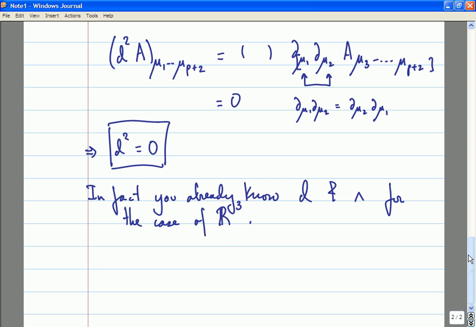But before I do that, let me pause and see if there are any questions. Yes? So mu, usually if we're talking about space-time, I'll take mu to run from 0 to 3. If I'm considering a simple example such as flat 2-dimensional space, I would take mu to run over 1 and 2. 3-dimensional space, 1 to 3.